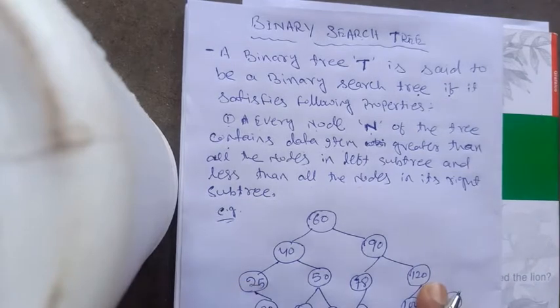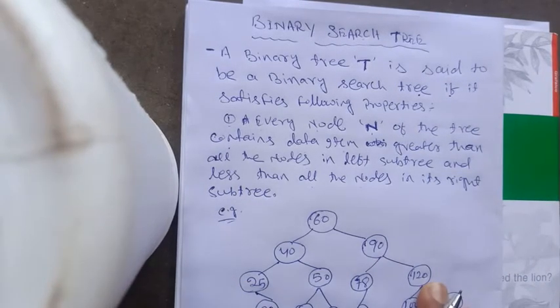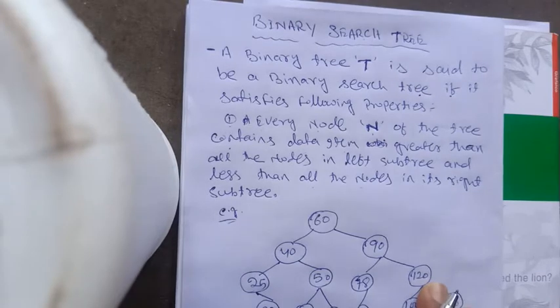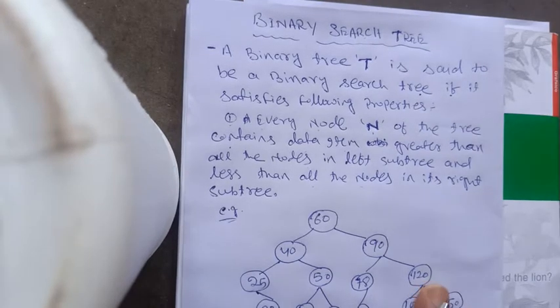So any binary tree is known as a binary search tree if every node of the tree contains a data item that is greater than all the nodes in the left subtree of that node, but less than all the nodes in the right subtree of that node.